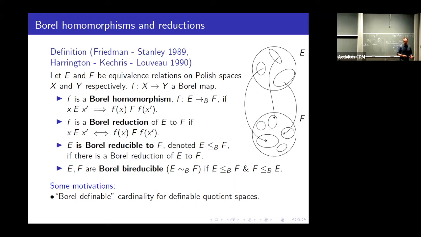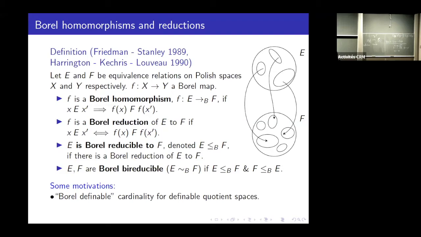So you can think of it as just studying quotient spaces, sets which are quotients of some Polish spaces by some equivalence relations, and injective maps between them. That should be familiar, just studying cardinalities. But the big difference here is that it's definable cardinalities. The big difference from cardinalities in the usual sense is that the usual sense uses the axiom of choice.